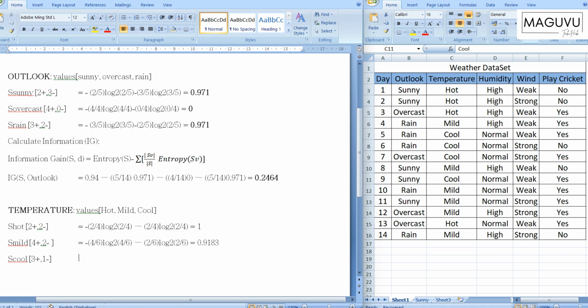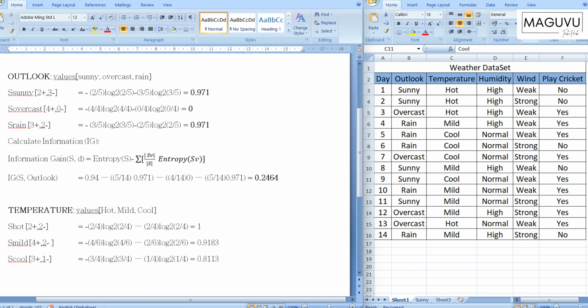We continue then to do the substitution where we have got 3 divided by 4 log 2 of 3 divided by 4. Then we consider the negatives, or the no, where we have got 1 divided by 4 log 2 of a quarter. This gives us a value of 0.8113.